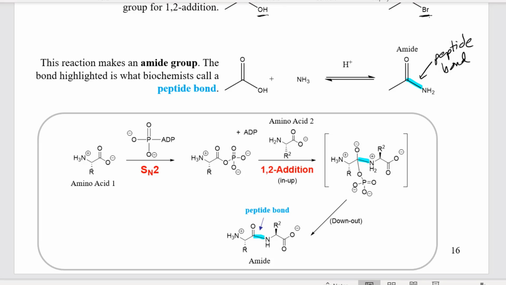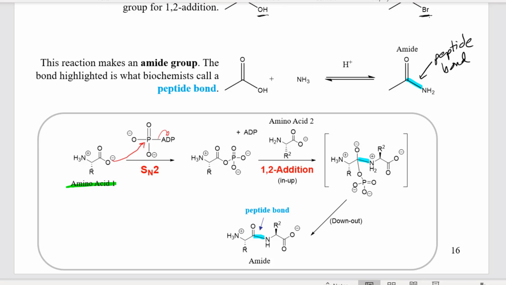You can start with an amino acid. I have amino acid 1 labeled right here. And then what you can do is use this phosphate group with ADP. So the oxygen of the carboxylic acid end of the chain does an SN2. ADP is the leaving group. It's another O phosphorus.